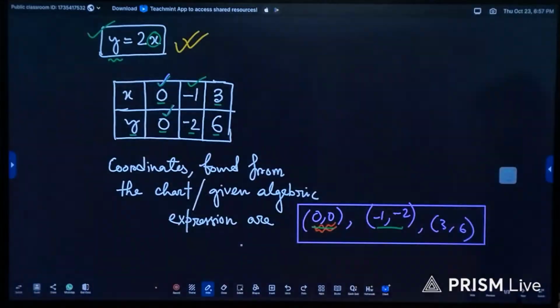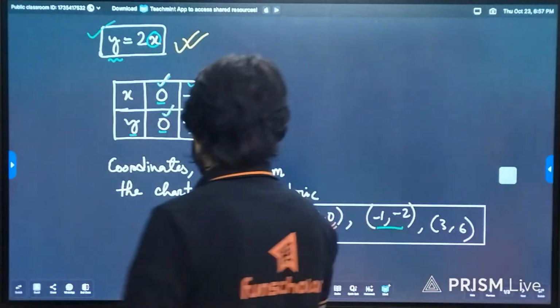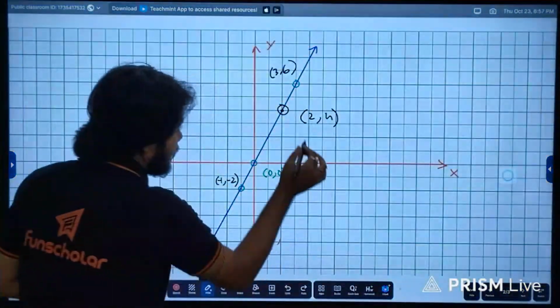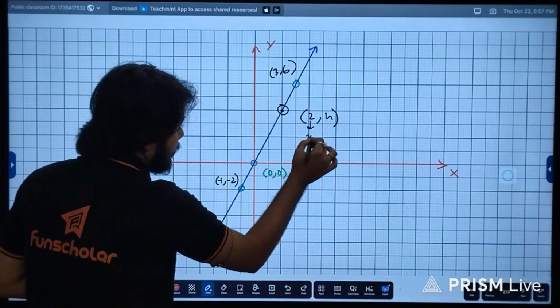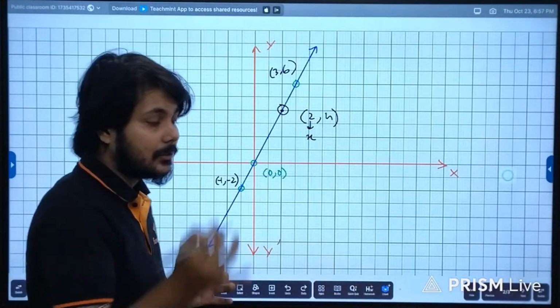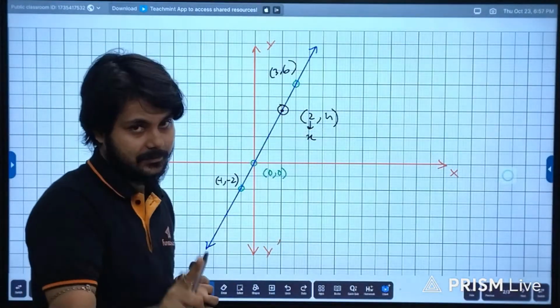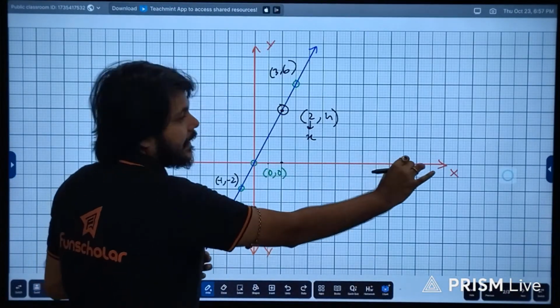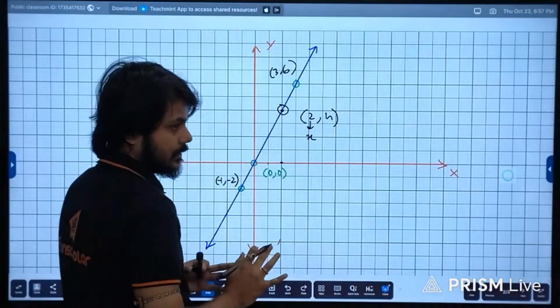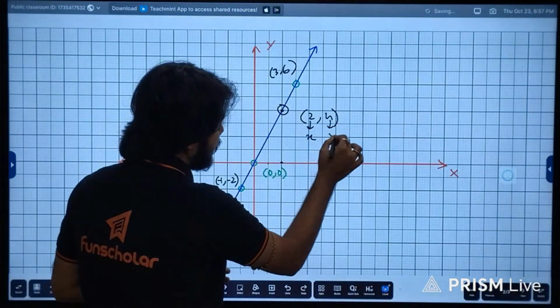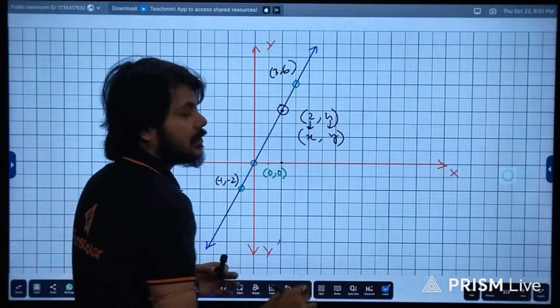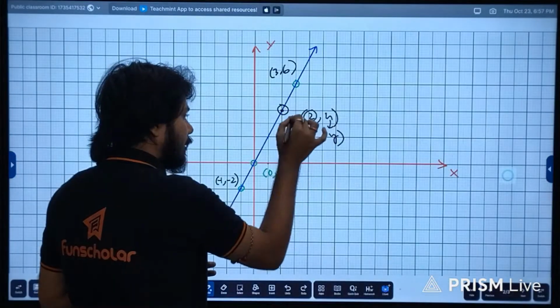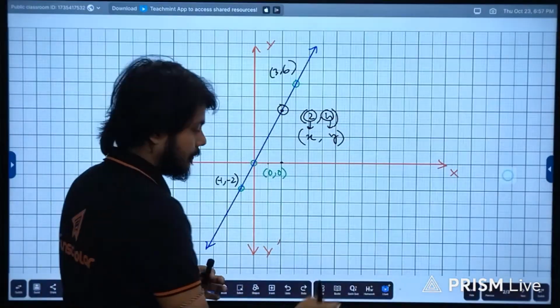Now, this 2 is the value of x because I have already told you to consider the value of x first. This 2 has been taken on the x axis. So this will be x and this is y. 2 is the value of x and 4 is the value of y.